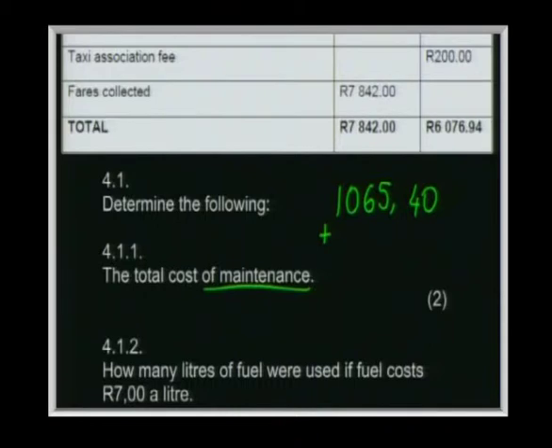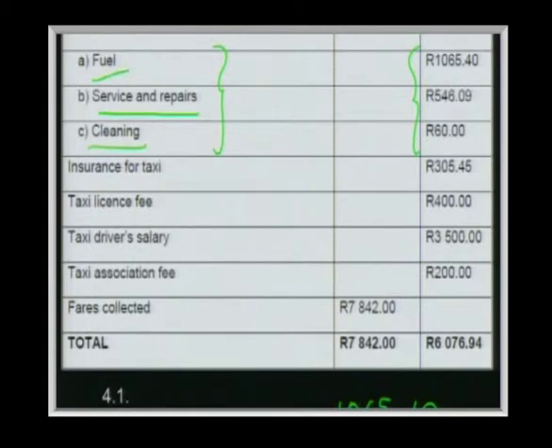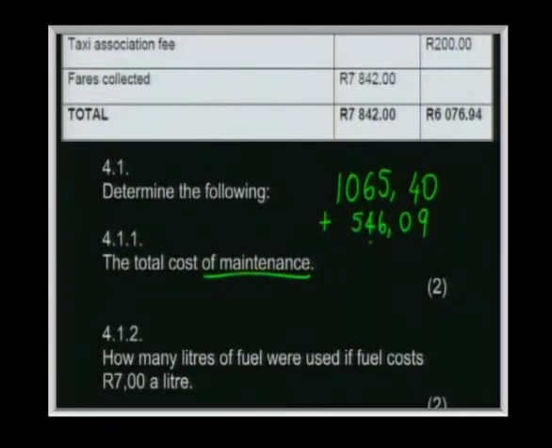And it is 546 rand and 9 cents. And then the last one is 60 rand. And if we add all of those up together, we can do it manually, or again we could use our calculator.